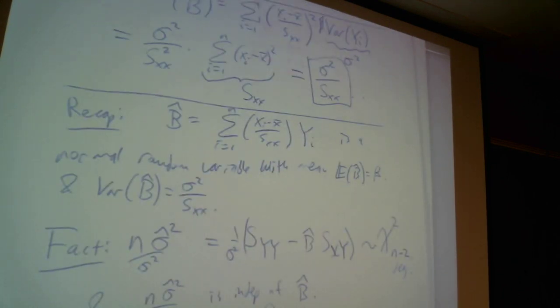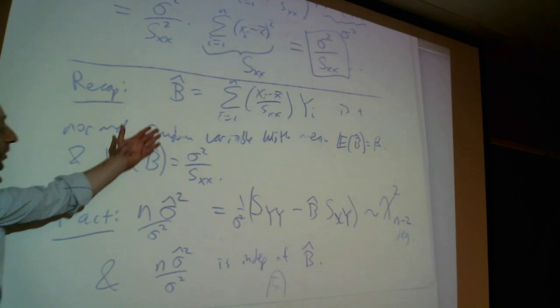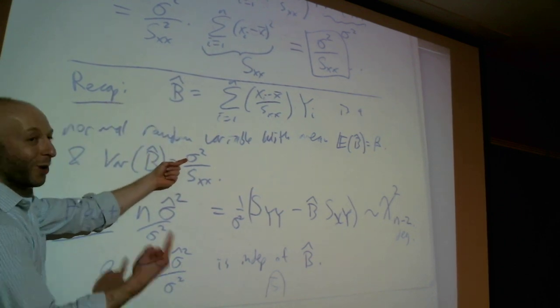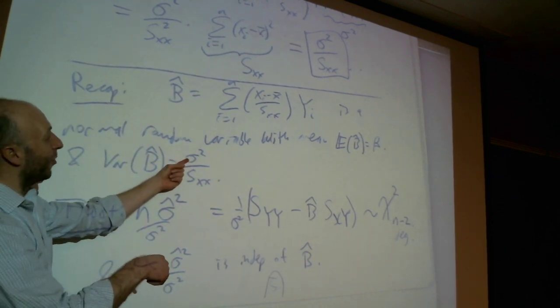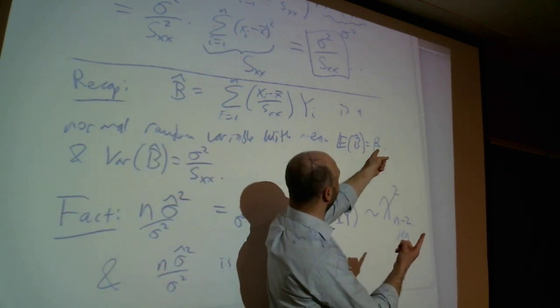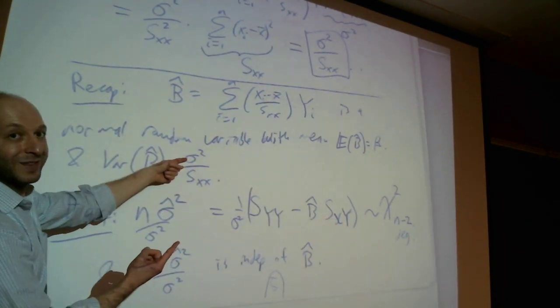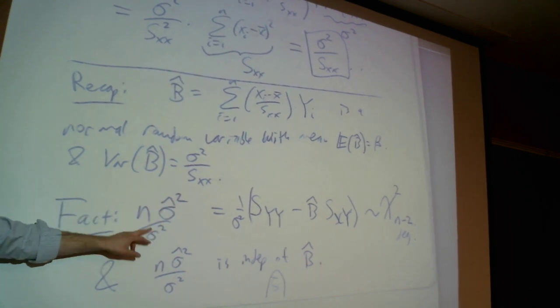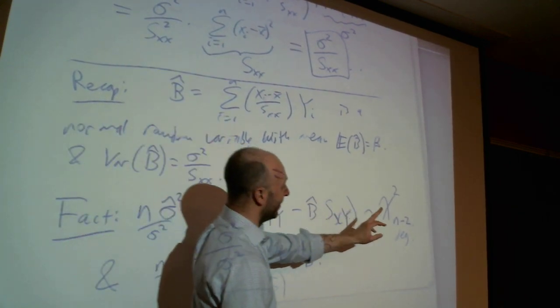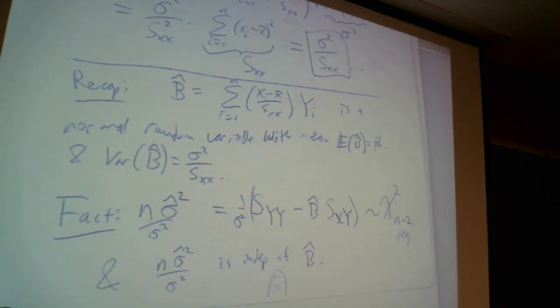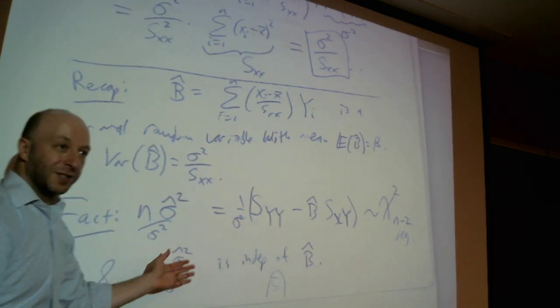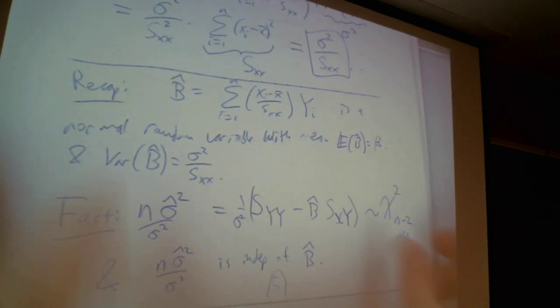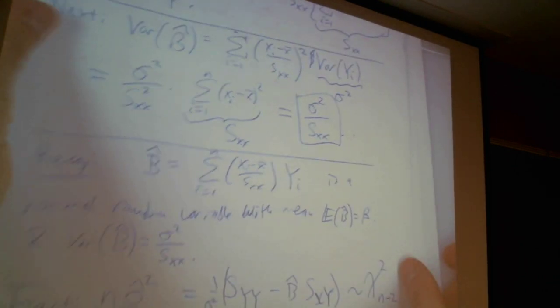To get a t, we need a chi-squared, because this normal random variable has a parameter in it that we also don't know. We don't know beta, its mean. We don't know sigma squared, but we can get rid of it by using sigma hat squared, and this turns out to be properly normalized, exactly a chi-squared random variable, and it's independent of beta hat. So we're in position to turn this into a t random variable.